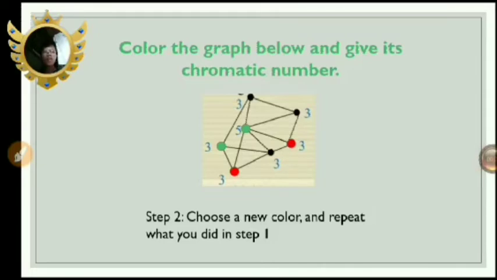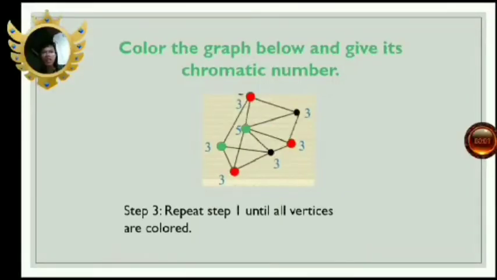Avoid all other vertices that connect to this one. Then we color this one. Then lastly, repeat step 1 until all vertices are colored. So I'm going to choose blue to color the remaining vertices.